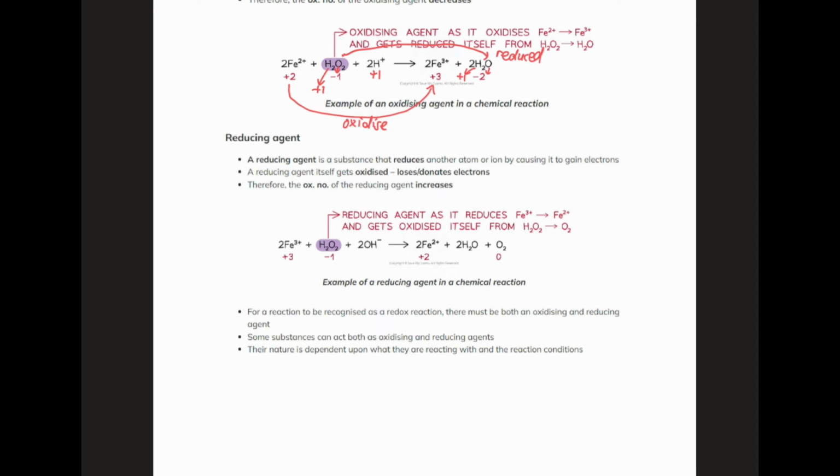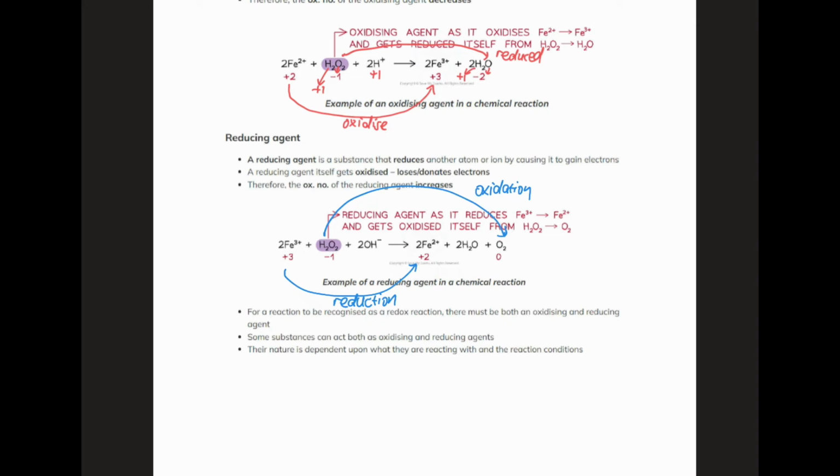Okay, so let's say for example, this one. This is a redox reaction because we have reduction, then we have oxidation. Okay, so let me just draw arrows to show clearly. This to this is oxidation. This to this is reduction. So since you have oxidation and reduction that happen at the same time, we call this a redox reaction.